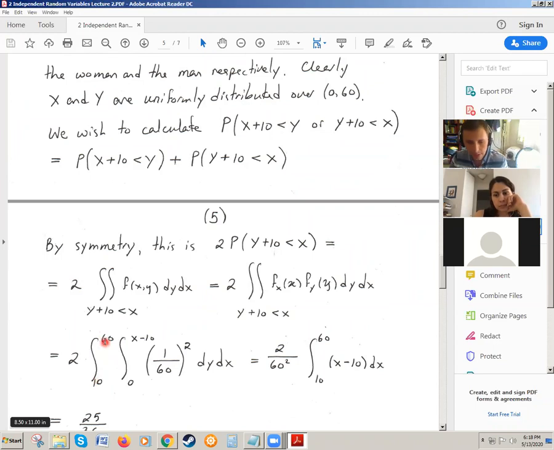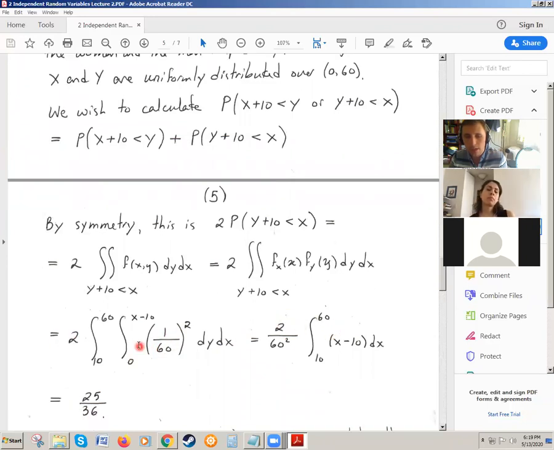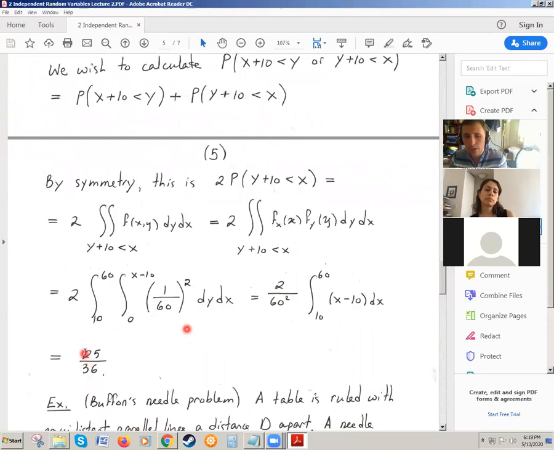And the last time x can exist is at 60 minutes. So the integral is from 10 to 60, 0 to x minus 10. That's when y arrives, right? And then with 1 over 60 squared dy dx. So you can factor out the 1 over 60 squared. And now it becomes a simple matter of integration. And the answer is 25 over 36.